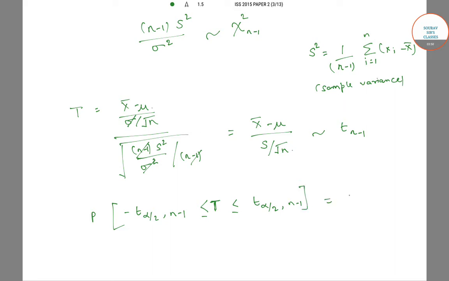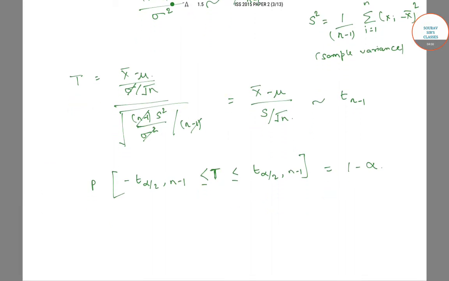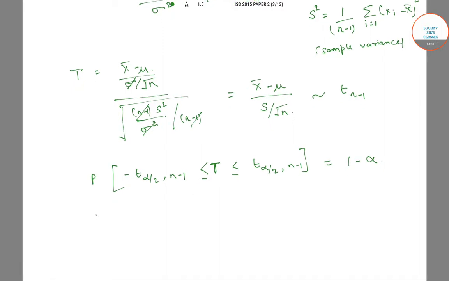This is equal to 1 minus alpha. Now if we substitute this t, we will get probability minus t alpha by 2 comma n minus 1 is less than or equal to x bar minus mu divided by s by root n, which is less than or equal to t alpha by 2 comma n minus 1, which is equal to 1 minus alpha, which is our given confidence coefficient.